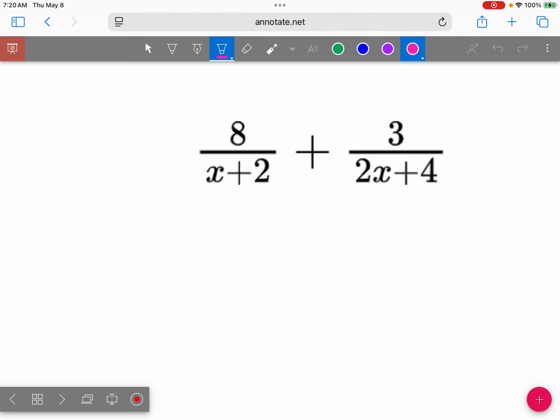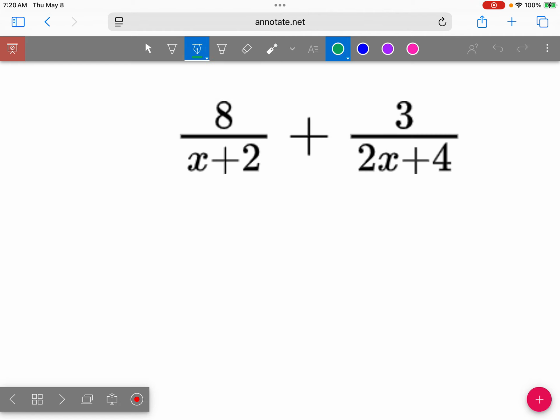Well, couldn't we just multiply the 8 over 2 plus, there's one, x plus 2 times 2 should be the same thing? Yeah, because I could factor this right-hand one, and I could rewrite this as 3 over 2 times x plus 2.